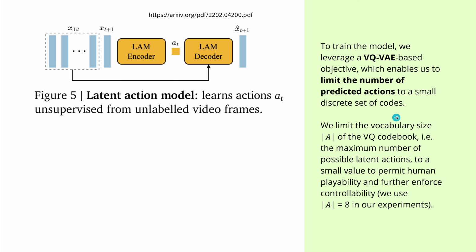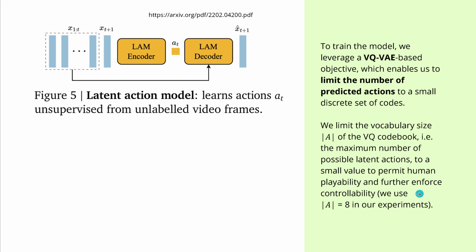And how you do this, and now this is the beauty of the variational autoencoder, you just limit the vocabulary size of your vector quantized codebook. Remember, this is step 2 where I explained this to you. So the maximum number of possible latent actions is now defined as a small value to permit human playability and further enforce controllability.